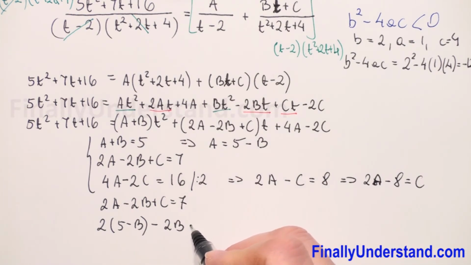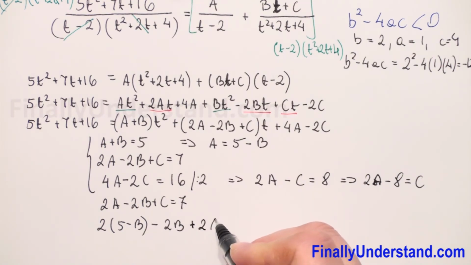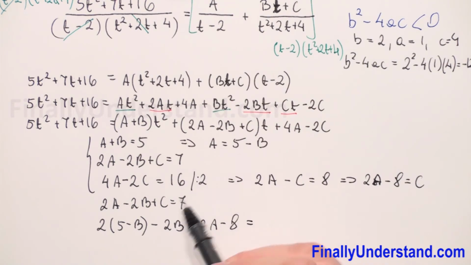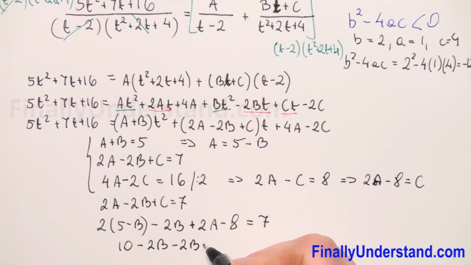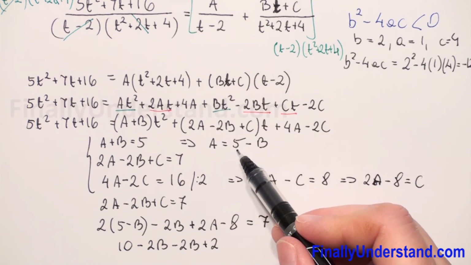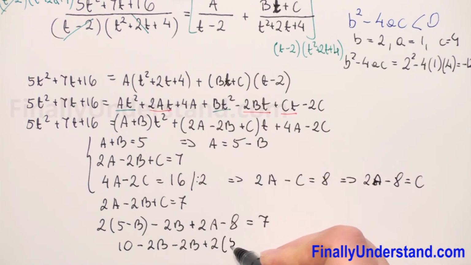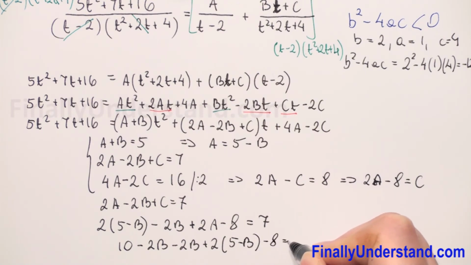So will be plus 2a minus 8. This is equal 7. So now 2 times 5 is 10. 2 times negative b is negative 2b. And we have negative 2b. And now plus 2 and again a, I will substitute by 5 minus b, minus 8. This is equal 7.